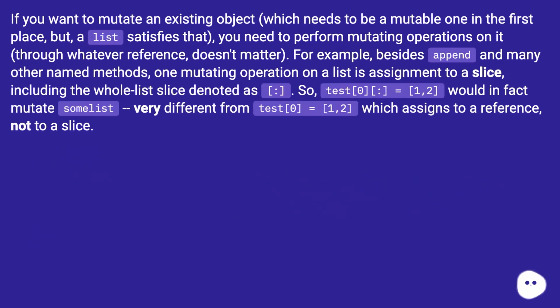If you want to mutate an existing object, which needs to be a mutable one in the first place, but a list satisfies that, you need to perform mutating operations on it, through whatever reference, doesn't matter. For example, besides append and many other named methods, one mutating operation on a list is assignment to a slice, including the whole slice, denoted as colon. So test[0][:] equals [1, 2] would in fact mutate some list, very different from test[0] equals [1, 2], which assigns to a reference, not to a slice.